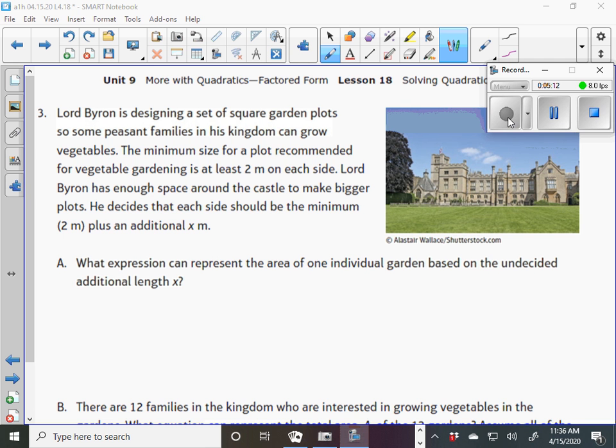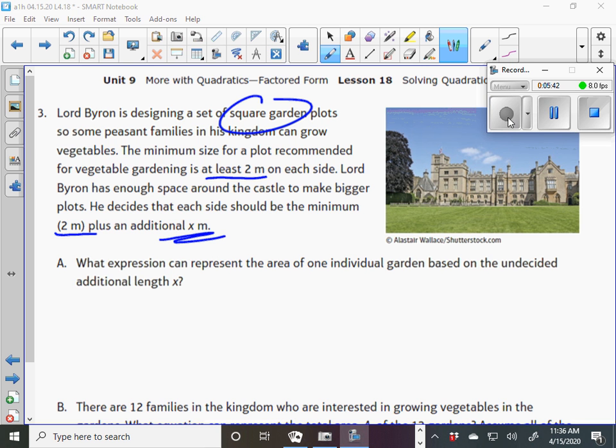Lord Byron is designing a set of square garden plots so some peasant families in his kingdom can grow vegetables. The minimum size of the plot recommended for vegetables is at least 2 meters on each side. Remember, this was a square garden. Lord Byron has enough space around the castle to make bigger plots. He decides that each side should be a minimum of 2 meters plus an additional x meters.